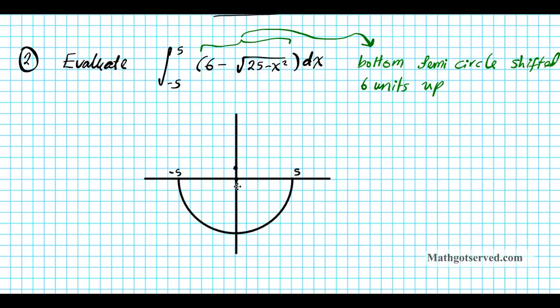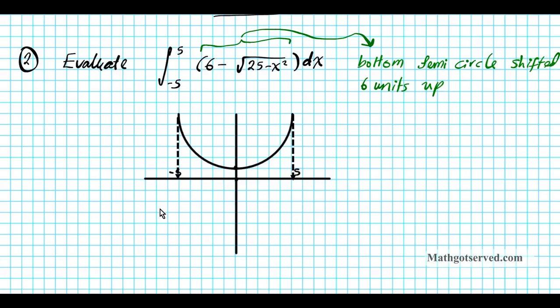We're going to shift this entire semicircle 6 units up. So let's go ahead and do that. Shift it up like this. So what we're looking for now, this is the resulting function, is the area underneath this curve. Between this function right here and the x-axis, that's the area that we're looking for. That is the value of this definite integral.